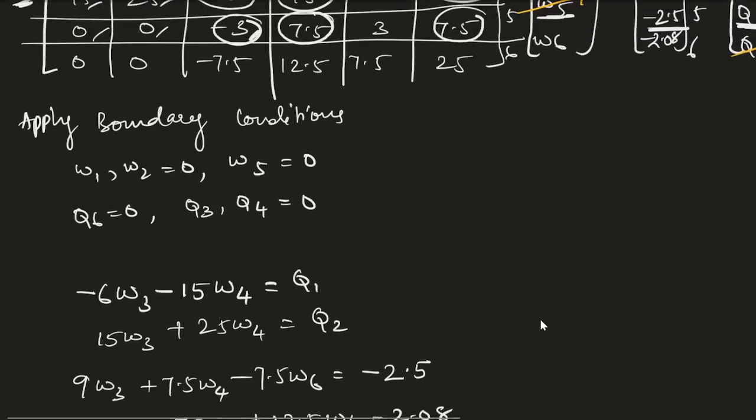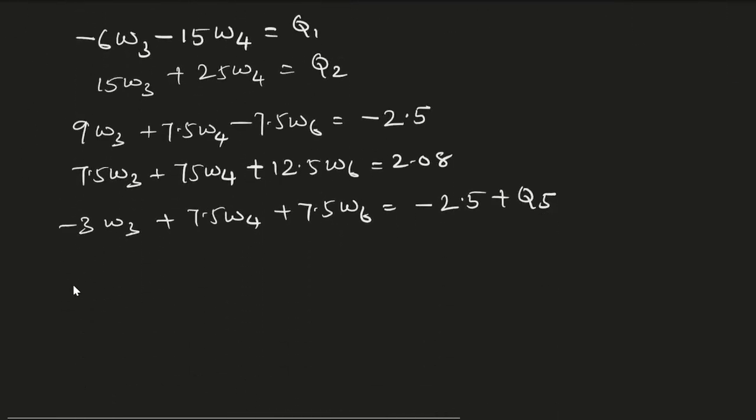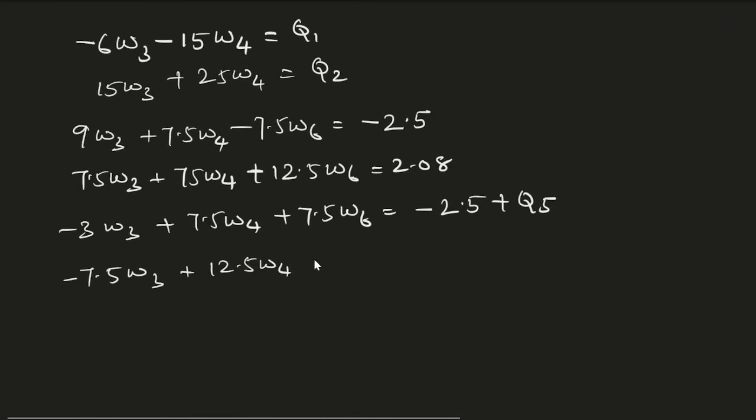And the last column, last row: 0, 0, minus 7.5 into W3, minus 12.5 into W4 and 25 into W6. So minus 7.5 W3 plus 12.5 W4, then it is 25 W6.